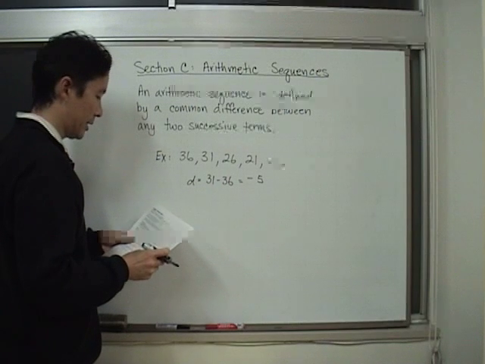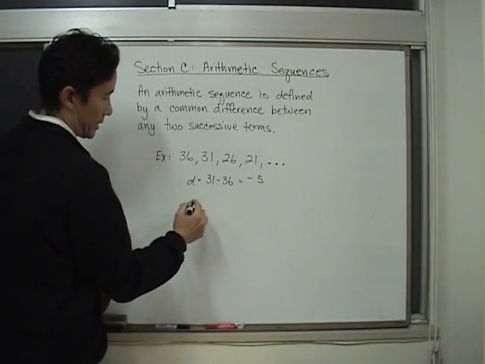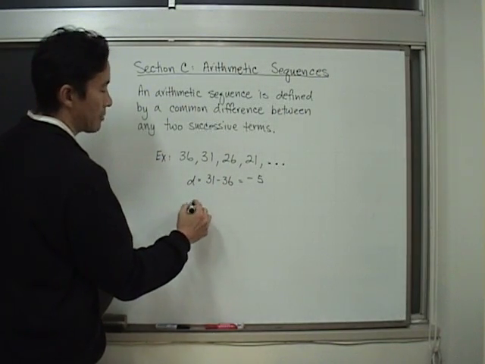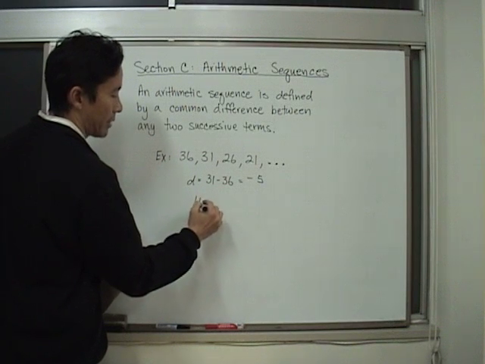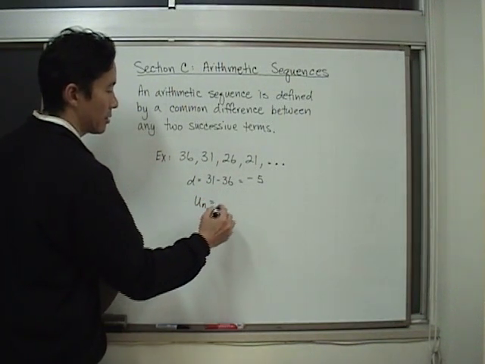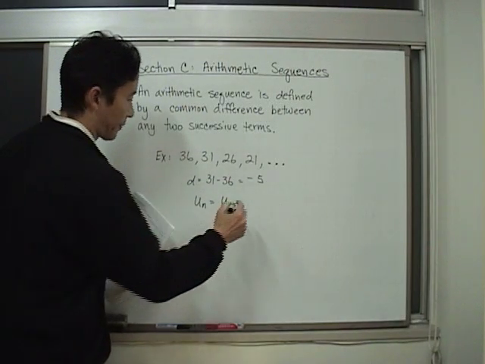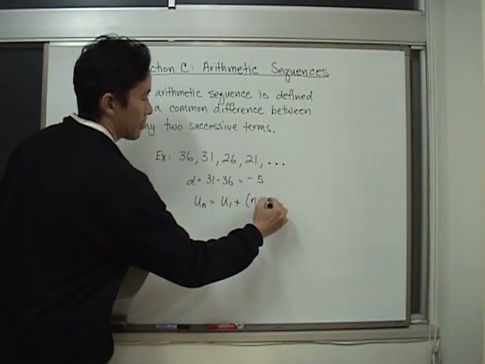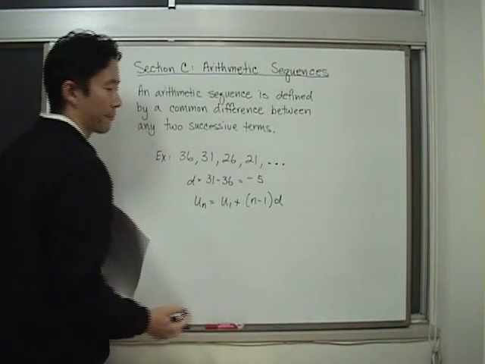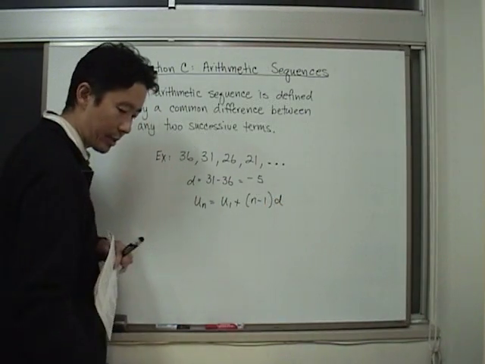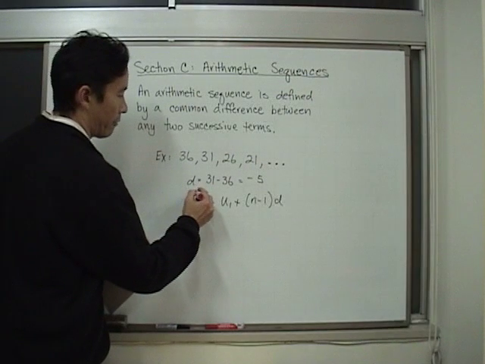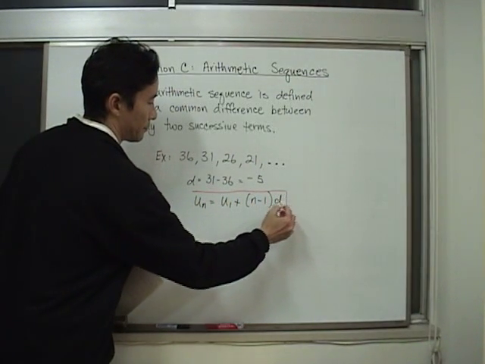Now, the formula that you want to use is this. Any arithmetic sequence is always going to be described as u sub n is equal to u sub 1 plus n minus 1 times d. That is always going to be your formula for an arithmetic sequence.